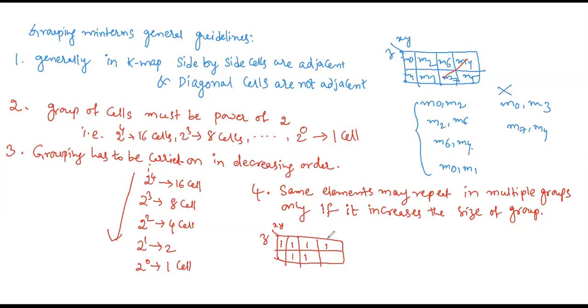For the grouping, these 4 cells you can form a group because these 4 are adjacent to each other. You can check with the adjacency rule. So this is one group, G1, and these 2 you can form one group, G2. But this is not a good choice.